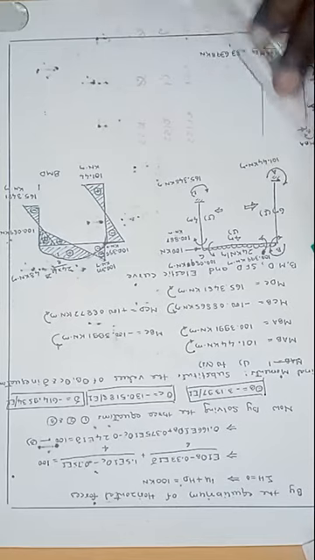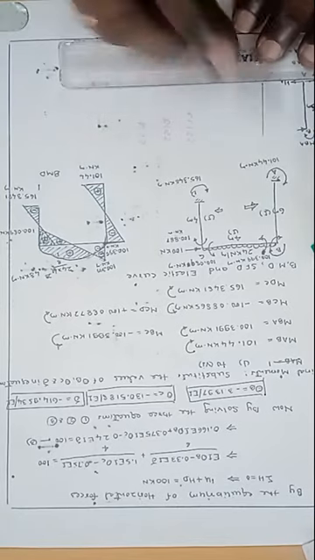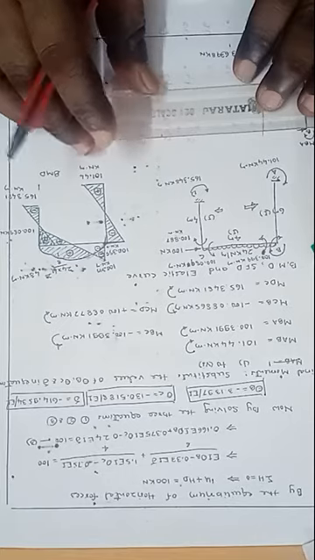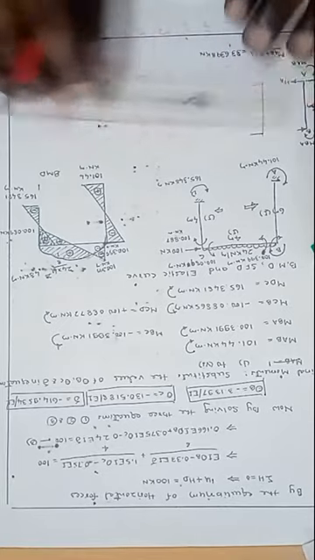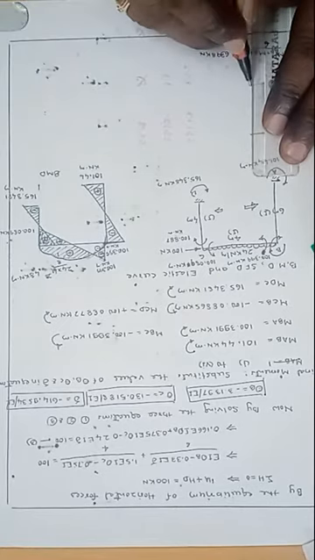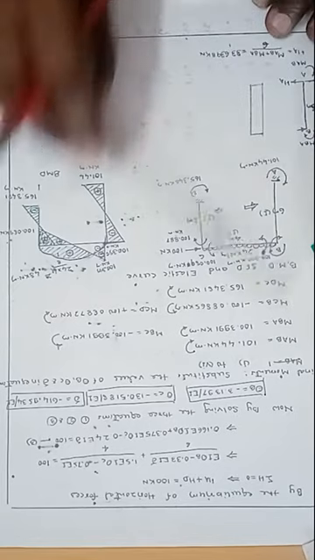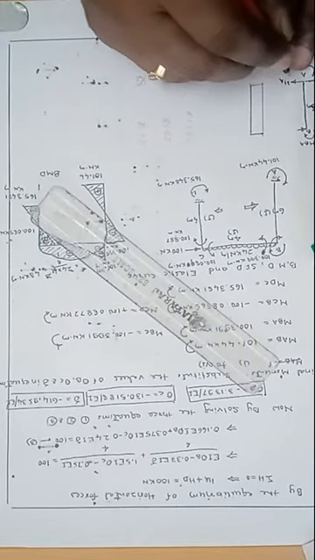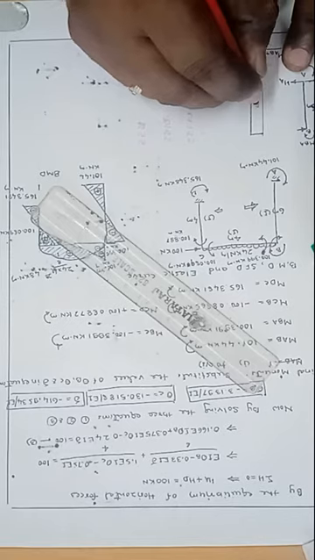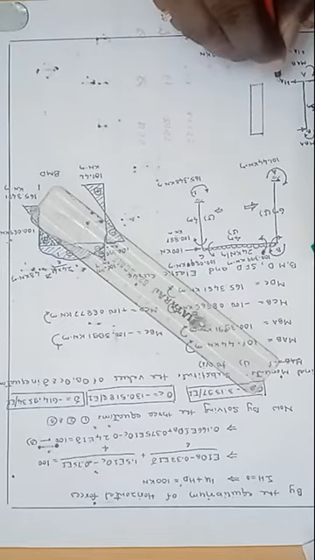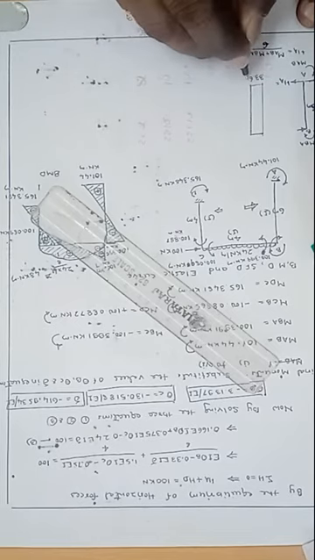Here is the shear force diagram for this one. This one is the reference line. Here this is your A, this is your HD. This is the shear force diagram for this one. If you observe from the left side, left upward is positive, this one is downward, this one is HA equals 33.6398 kilonewton. This one is the negative shear force.